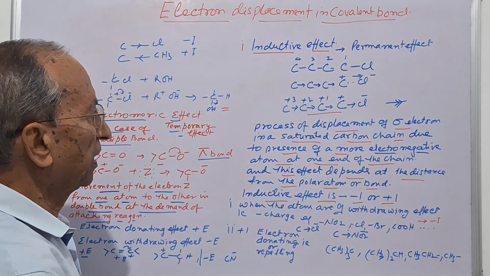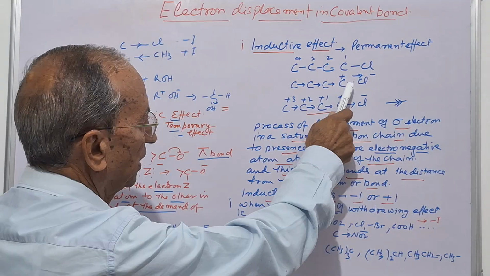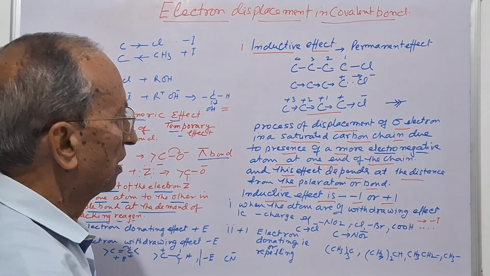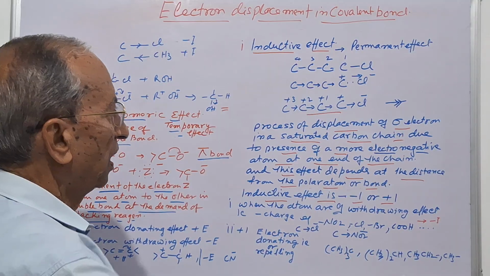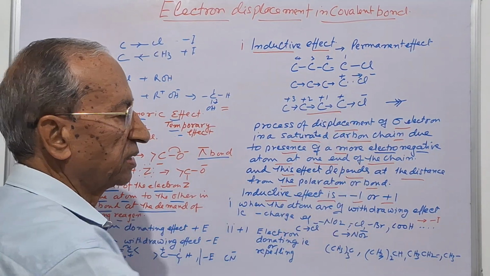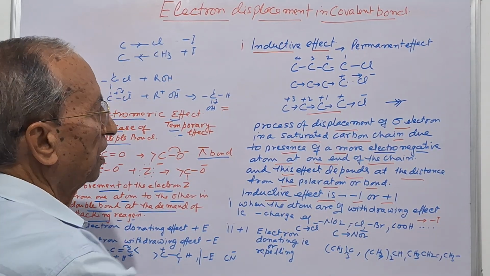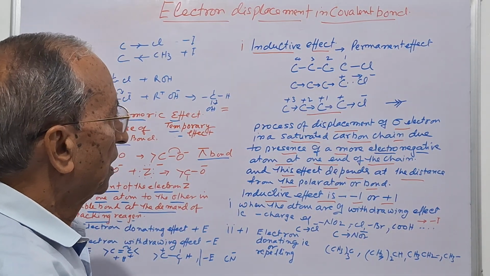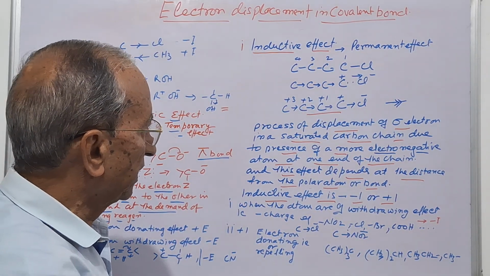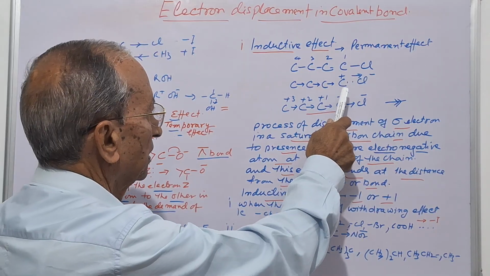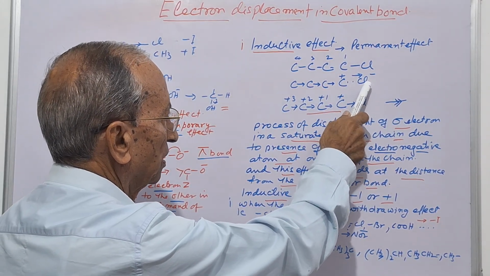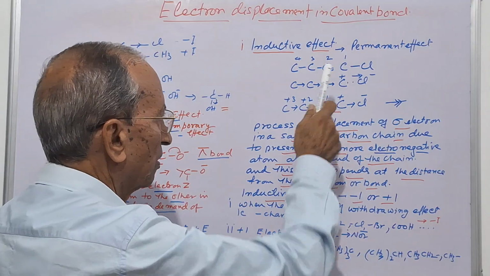So what will happen? The shared pair of electrons will shift toward the chlorine atom, and it becomes enriched with electrons and negatively charged. Now the very important thing is that the carbon nearest to the chlorine atom becomes positively charged.